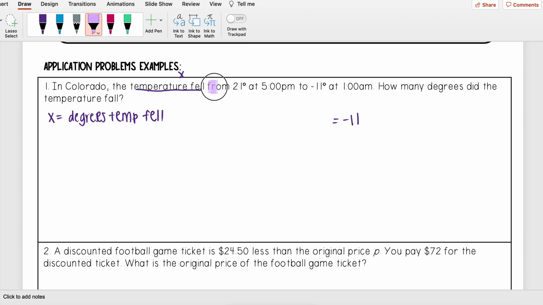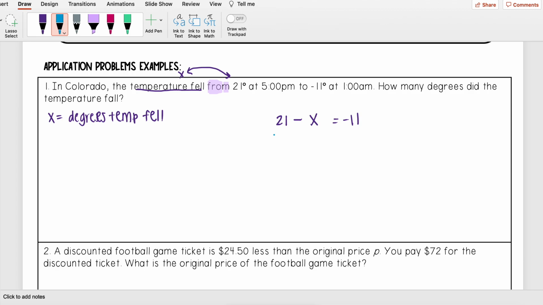And if you remember, from is one of our flipping words. And so that means we're really going to flip where these go. And so my equation is going to be 21 minus x is equal to negative 11. 21 degrees is what I started at. I want to subtract how much the temperature fell, and that's going to get me my negative 11. So I have my equation, 21 minus x equals negative 11.